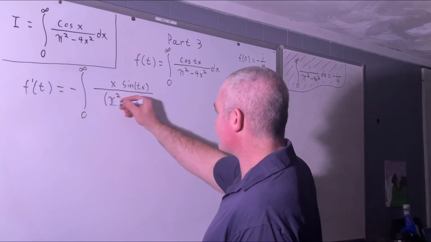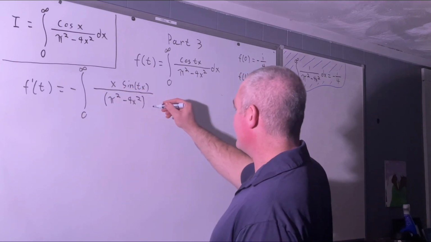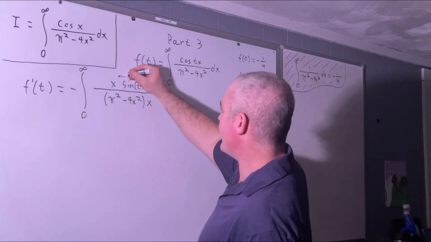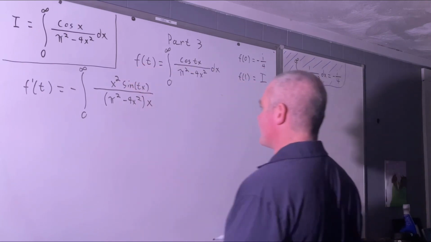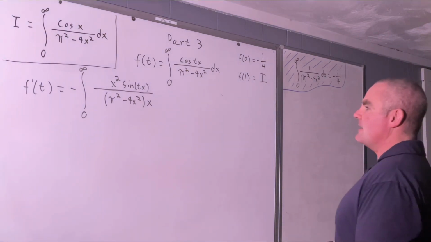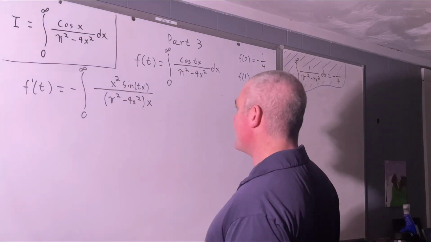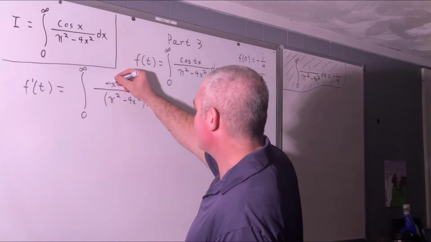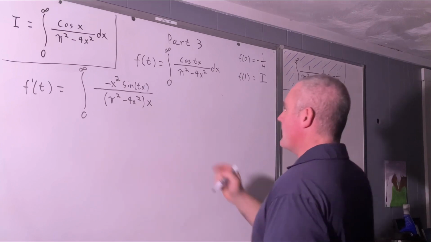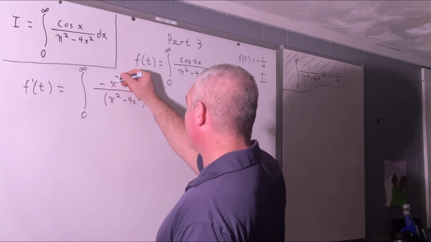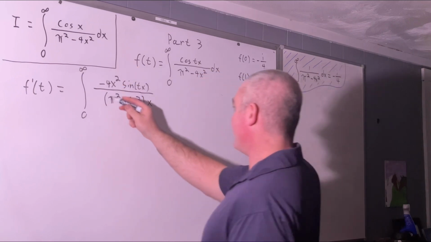Now, let's do something to this. Let's put a parentheses around here, and let's multiply the top and the bottom by x. And you can totally do that. That's just multiplying the entire thing by 1, so it's valid. And then next, let's bring this negative inside. But let's also multiply this by 4.